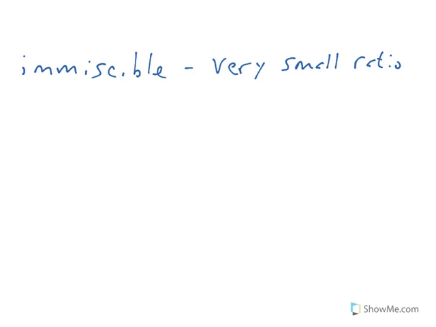All right. Now, on the other end, we have things that are called immiscible. And here we have a very small ratio of mixing of two liquids. All right, so these would essentially not mix. All right, they mix to a very, very small extent, but for the most part, they are not going to mix.